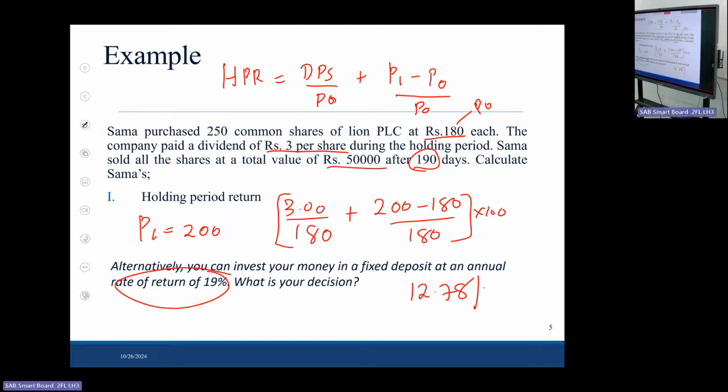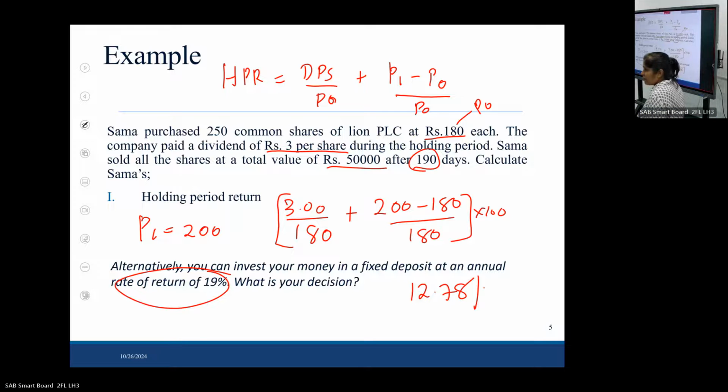What is your choice? 19% fixed deposit or the stock market investment? Which one? Stock market investment.